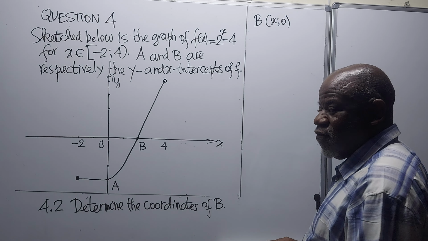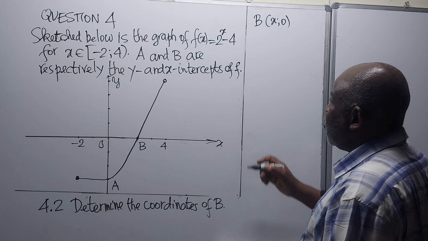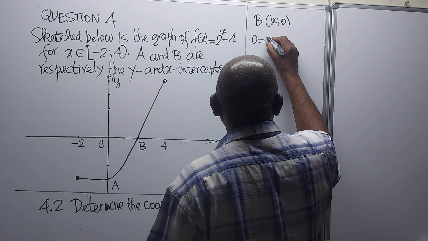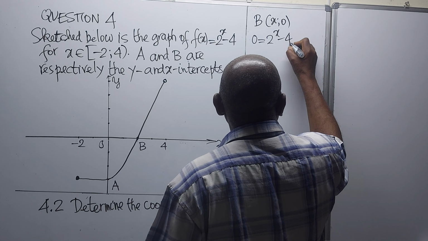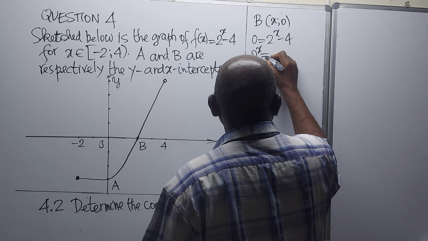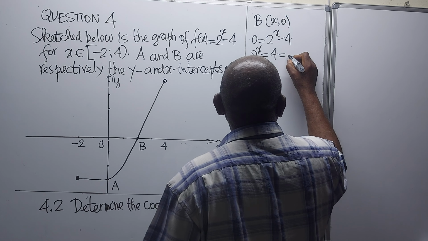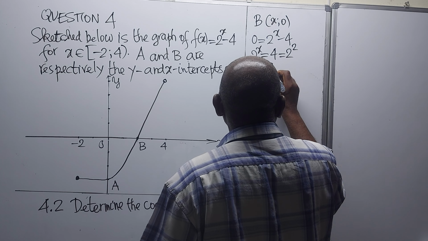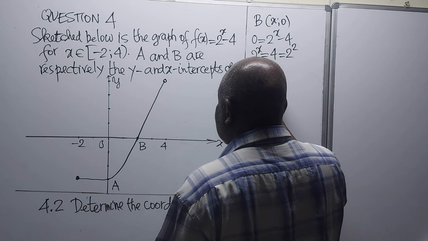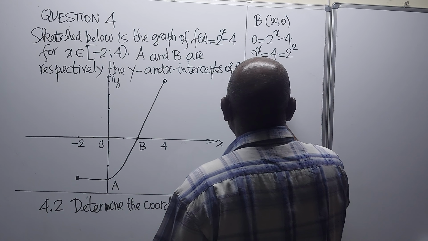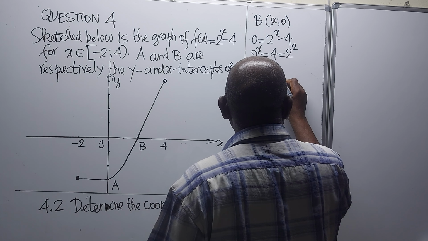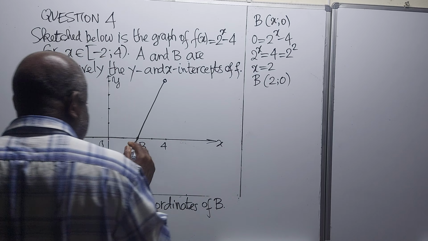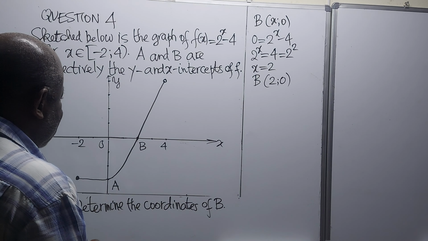We want to get the value of x, so y will be equal to 0. 0 = 2^x - 4, so 2^x = 4, and this is equal to 2^2. So x = 2. The coordinate of B will be (2, 0).